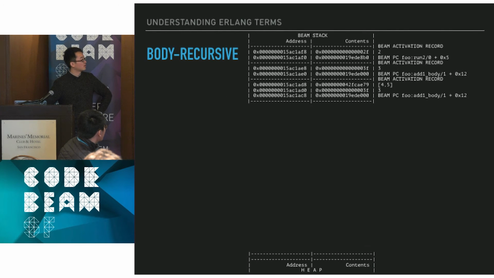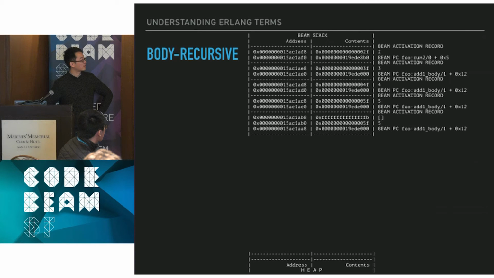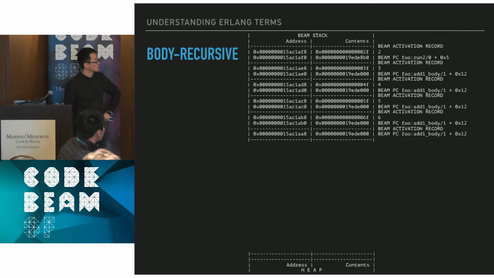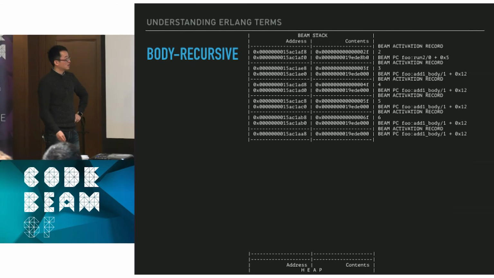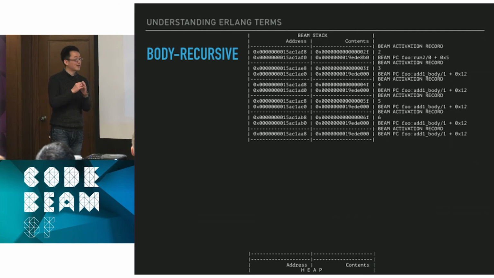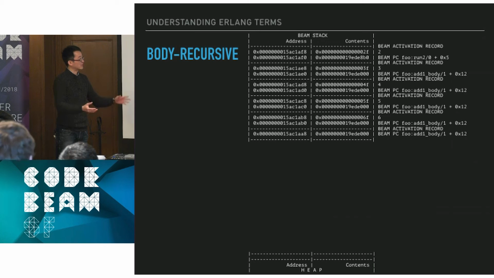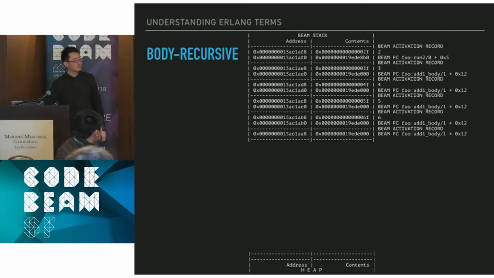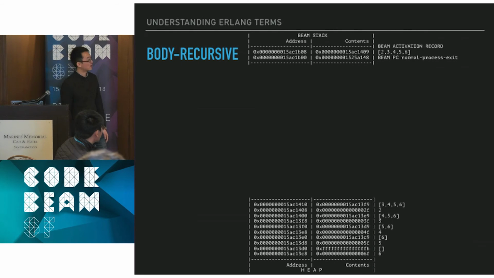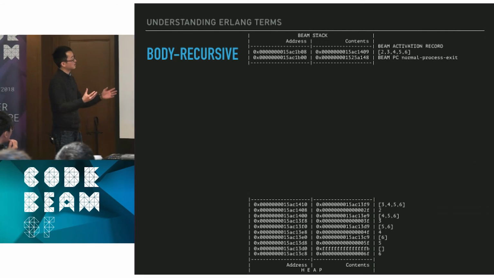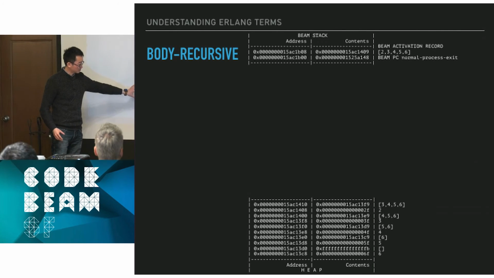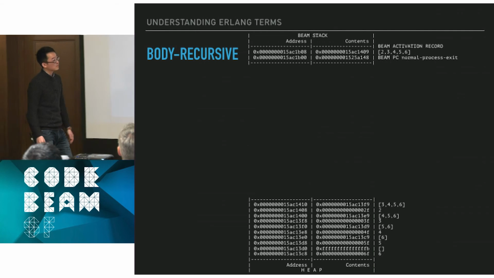And then keep going, we'll put 3, 4, 5, until the last one, 6. Once we get here, we return an empty list. We are not calling ourselves, so it will just pop all the stuff we put on the stack back onto the heap. Then our stack will be empty, and all the actual data is on the heap.